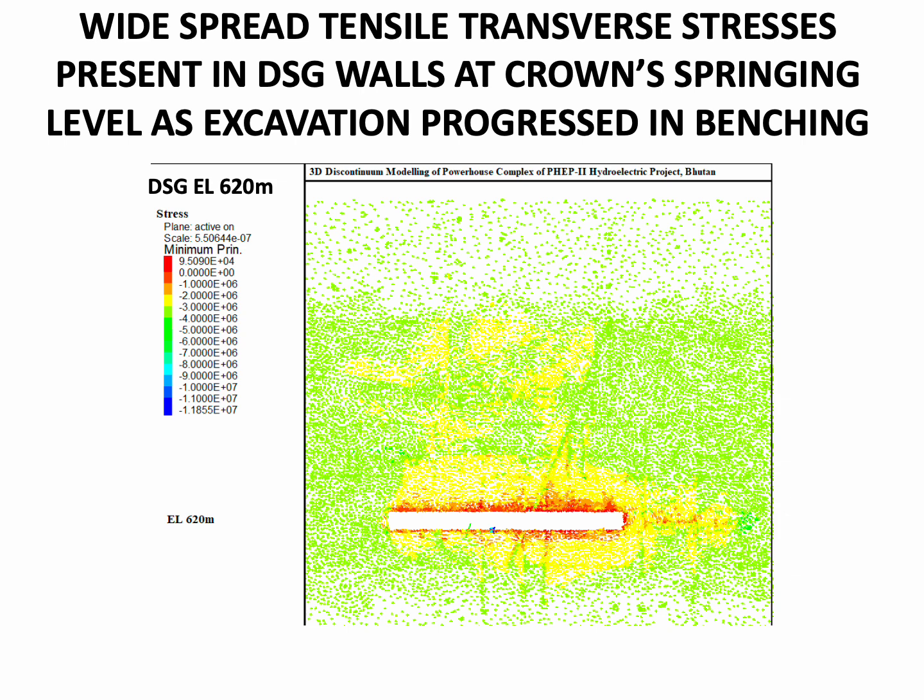This slide shows the sectional plan of the downstream surge gallery at SPL level, which establishes that in the widespread stretch in the hanging wall to the north side of the downstream surge gallery, the minor principal stresses are reduced to sub-zero, that is tensile in nature.